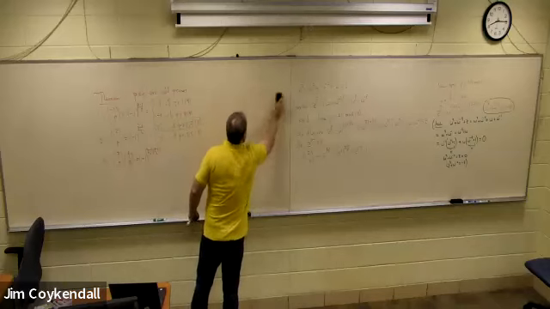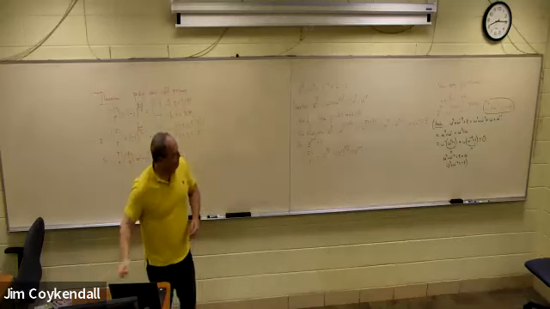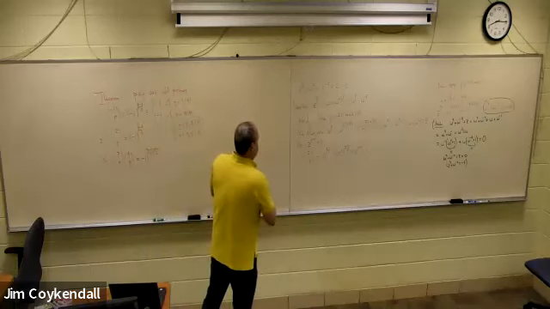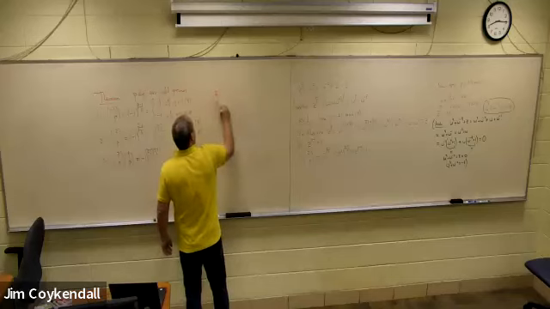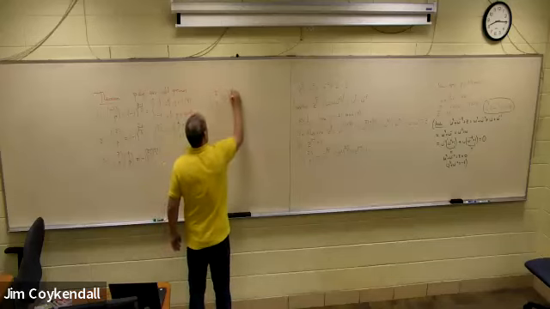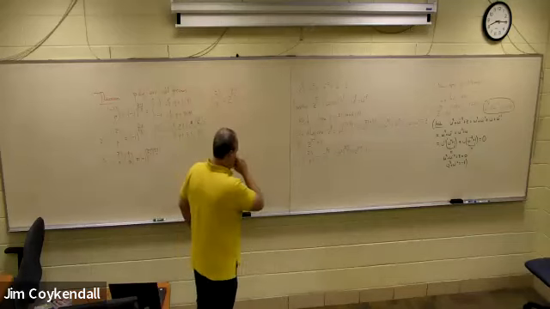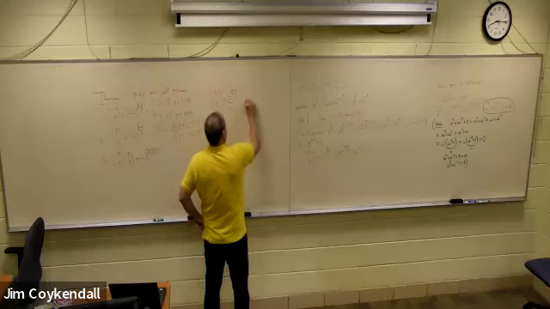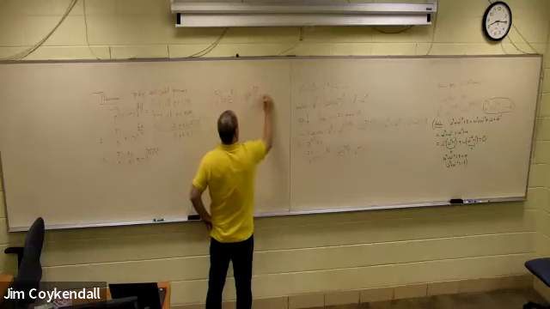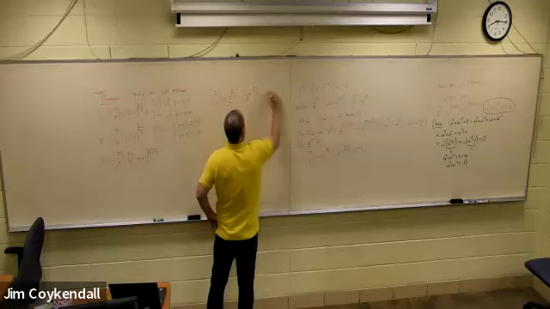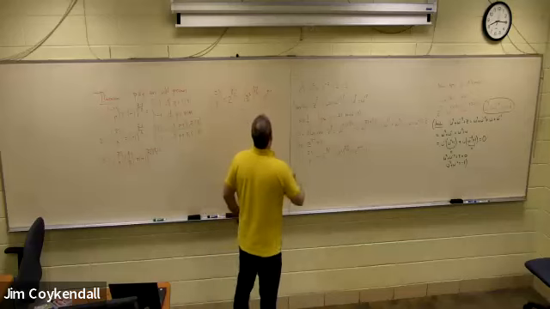Let's see what we get now, doing the same kind of thing that we did before. Now two P is two P minus one over two. And again, this is C squared, which is minus one.